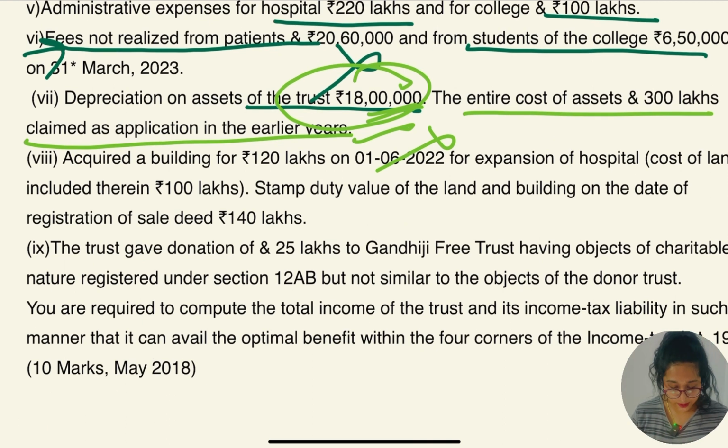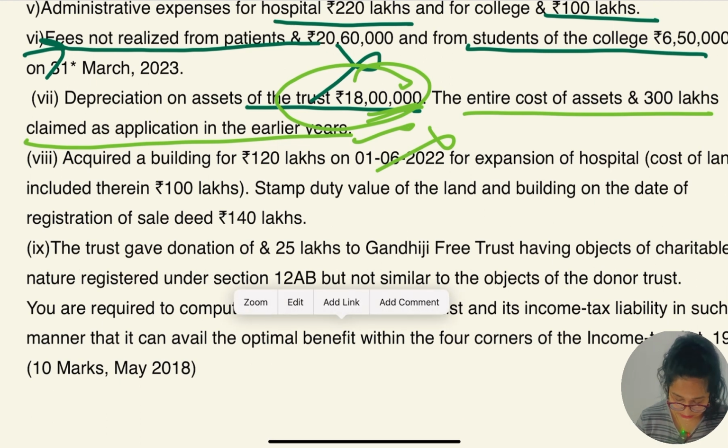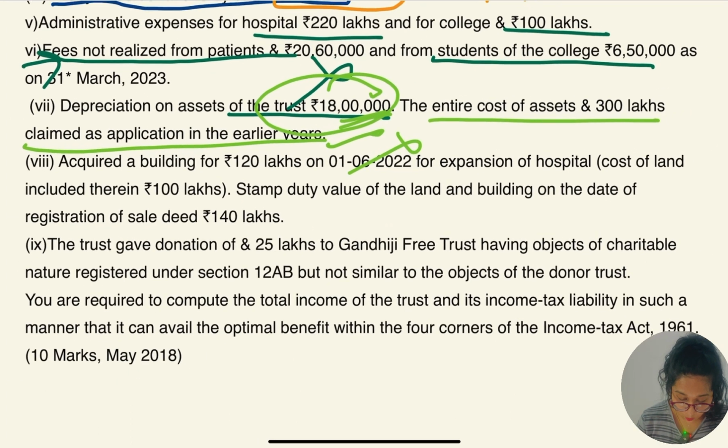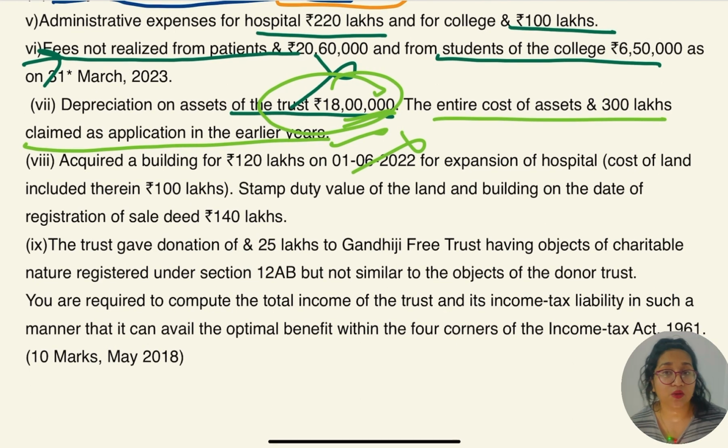So next point, here comes the other point, you have to please focus here. The trust acquired a building of 120 lakh on 1st June 2022 for the expansion of the hospital.